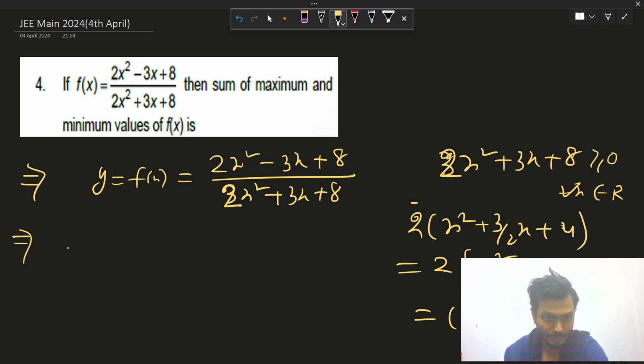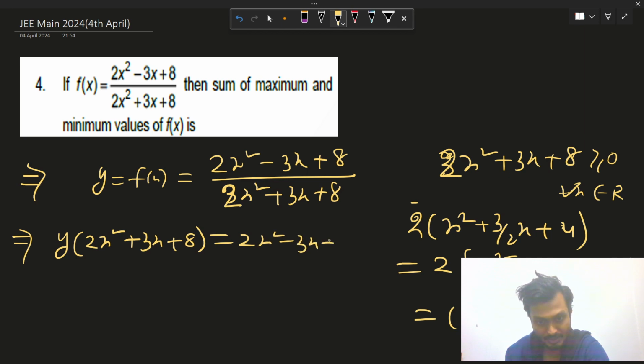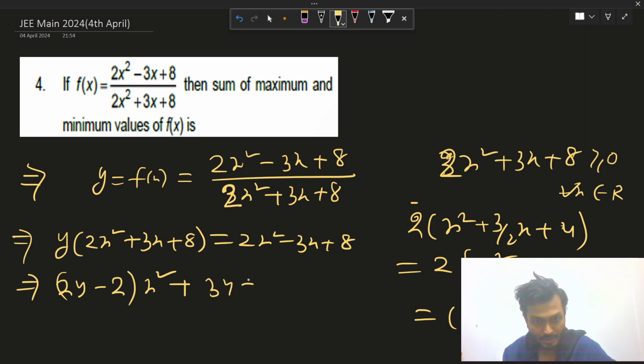So to find y, what we do: y into 2x square plus 3x plus 8 equals 2x square minus 3x plus 8. So this implies that (2y minus 2) into x square, plus (3y plus 3) x, plus 8y minus 8 equals 0.